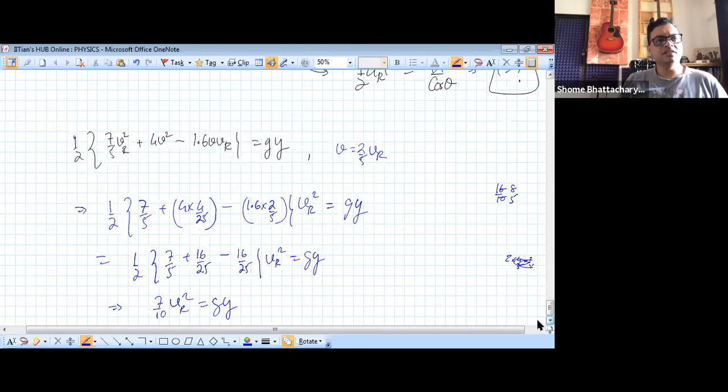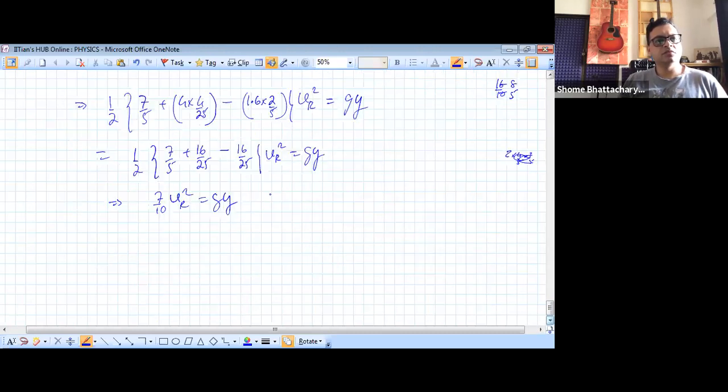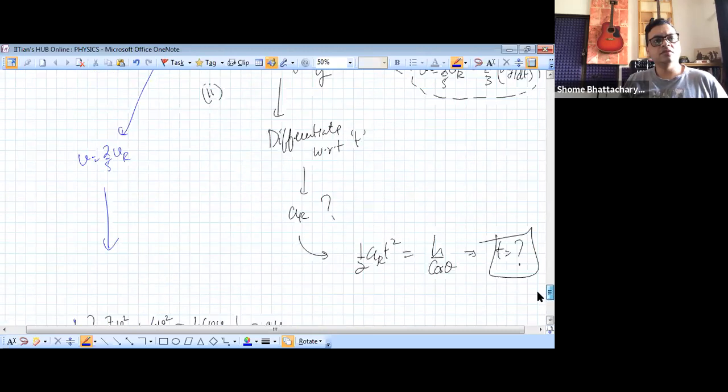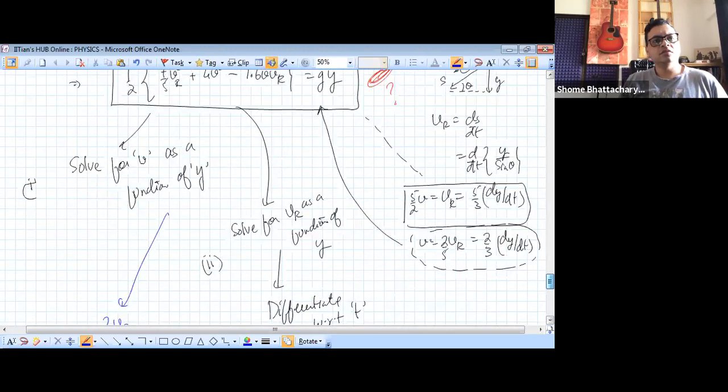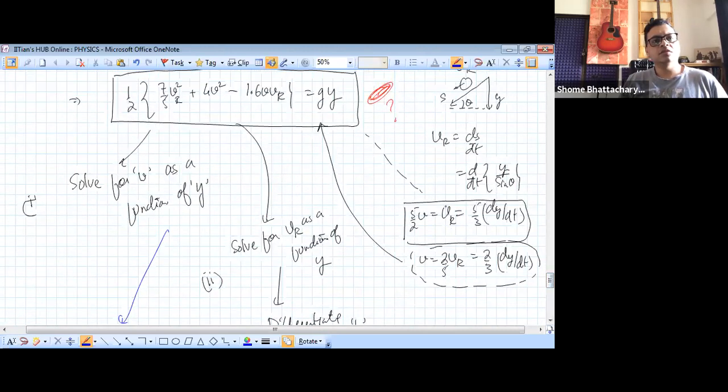So differentiating this on both sides now, we will get 7 by 10 into 2 v relative into a relative is equal to g into dy by dt. And now use that other constraint relation that we have, this one. V relative is 5 by 3 dy by dt.